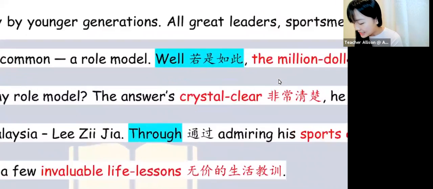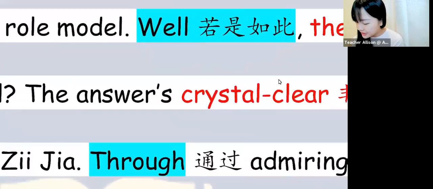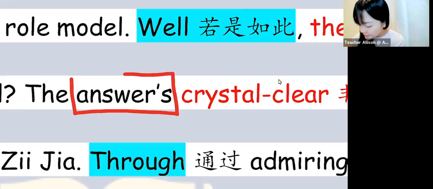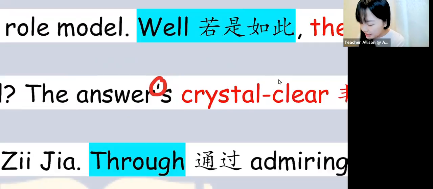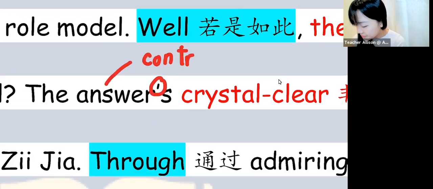As you can see, guys, do you know what this is called, my dear children? This one is called the answer's. The answer's crystal clear. As you can see here, there's this apostrophe up here with words like these. We call them contractions.